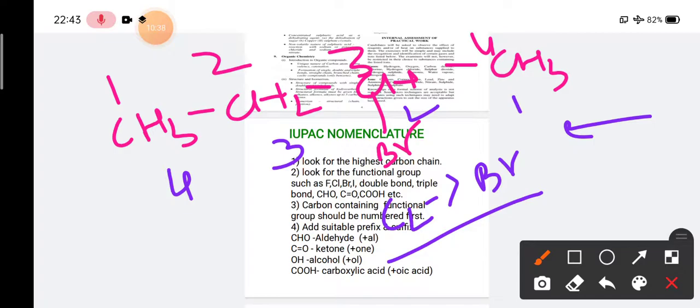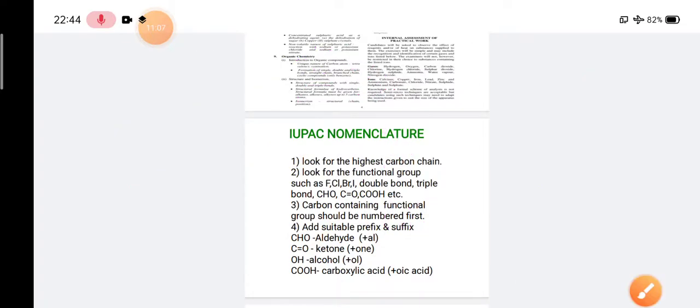This is the right numbering of carbons, not the other one, because we look for the carbon that contains the functional group to have the lowest number. Here, in the blue position, the carbon number is lowest, so it is the correct one. I hope you have understood.